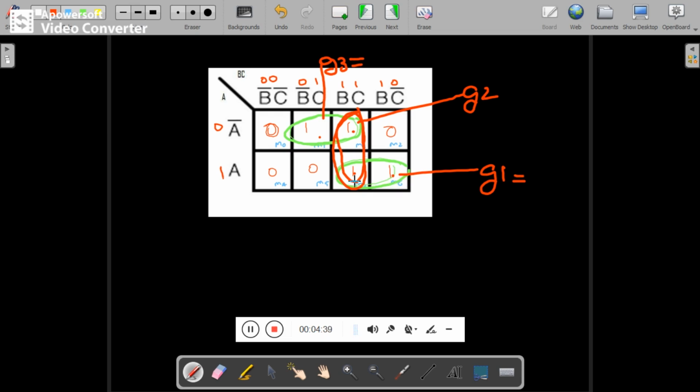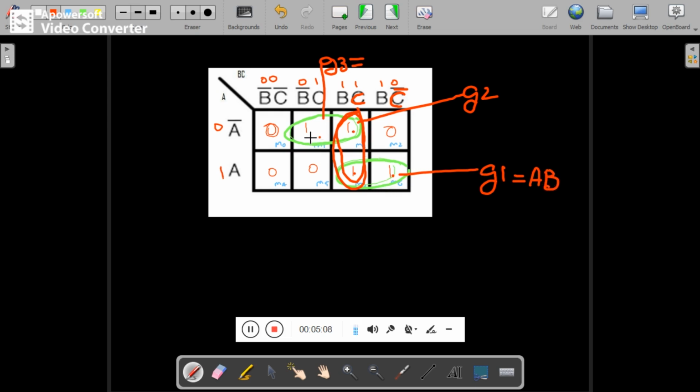You have 2 cells here, and horizontally you have only one variable that you have to write, and vertically you can see B is common. C is not common. In this column it is C, and in the other column it is C bar. C is not common. B is common. So the answer is AB for this group.